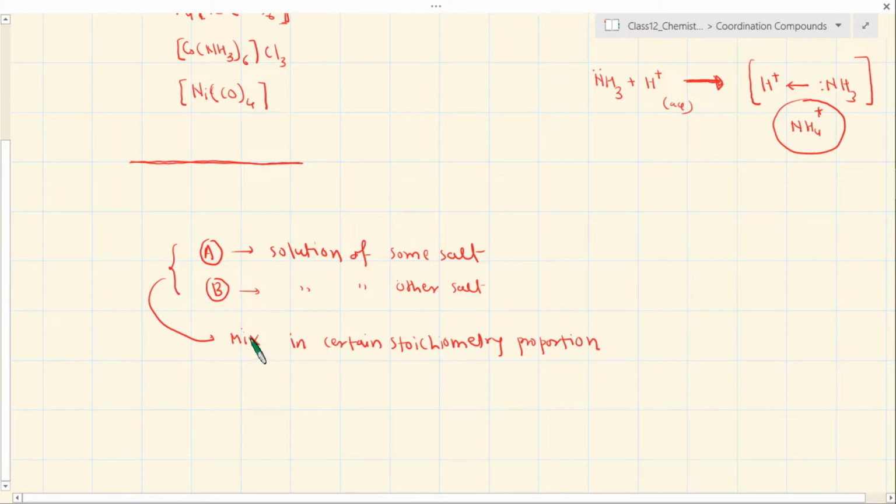This is a mixture where you have A and B, the salts which are part of these solutions, mixed in a certain stoichiometric proportion. From this mixture, now suppose you evaporate the solvent, right now let's say water.